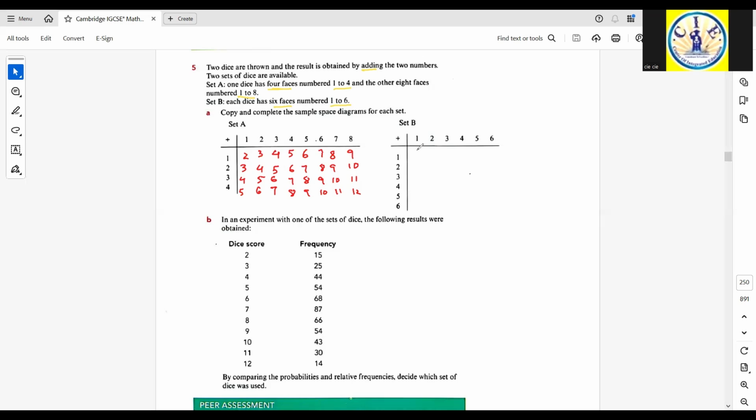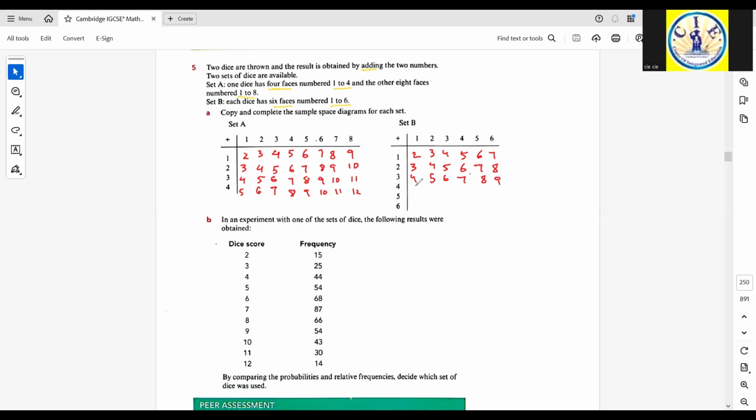it would be 1 plus 1, 2, 3, 4, 5, 6, 7. 2 plus 1, that is 3, 4, 5, 6, 7, 8. And then this is going to be 4, 3 plus 2, 5, 6, 7, 8, 9.